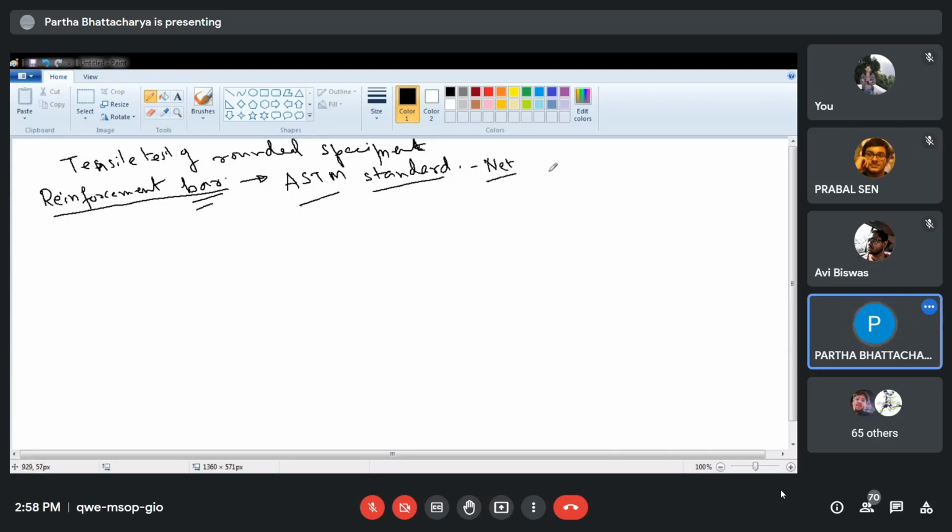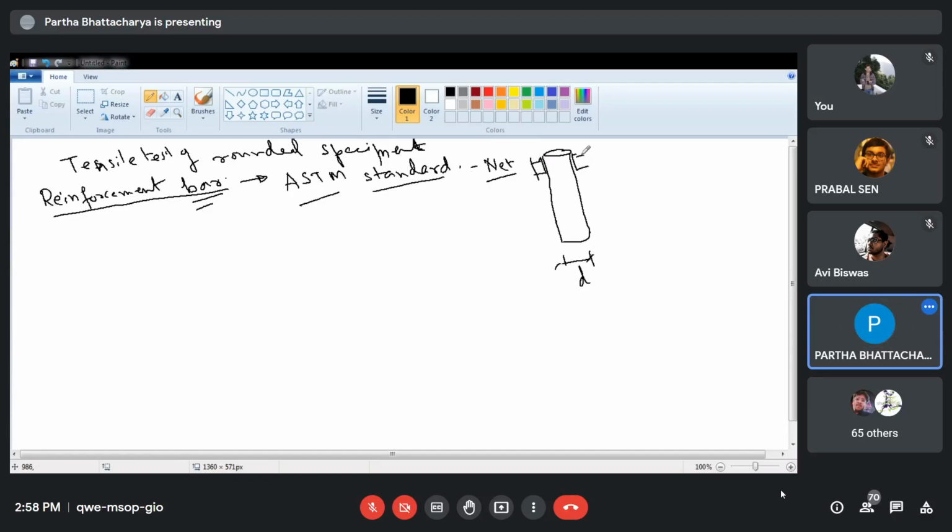The detail of this ASTM standard, how to prepare a reinforcement bar, you can search on the net, or you have to wait for one day before I share the document with you, because we have got a rounded, cylindrical type of specimen with a certain diameter. The test procedure is this: the specimen will be subjected to axial loading.